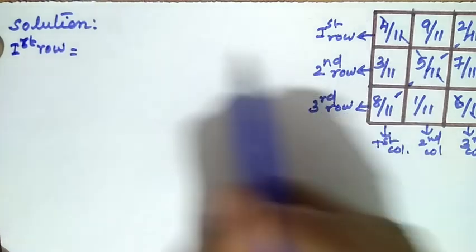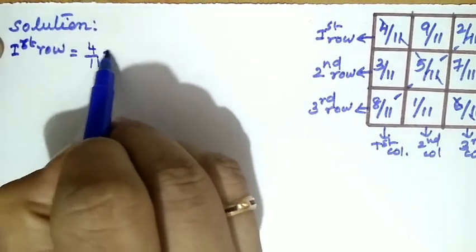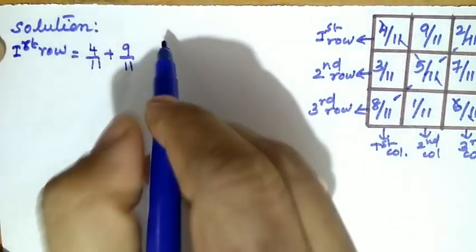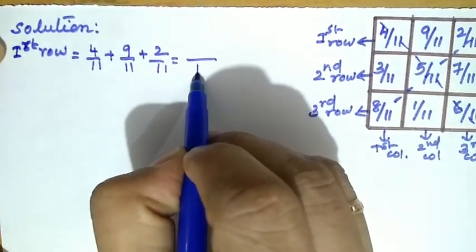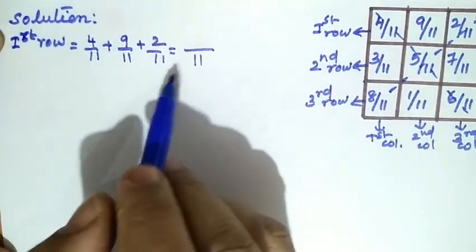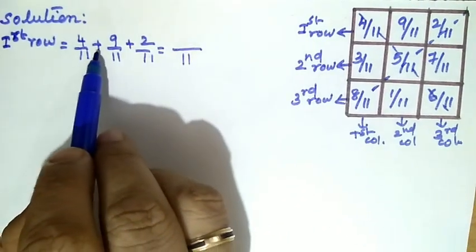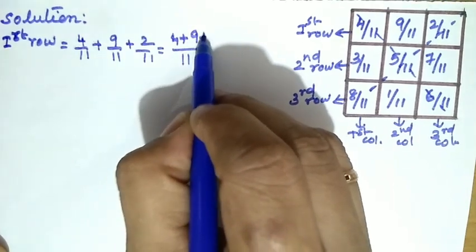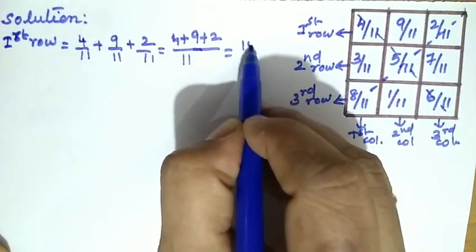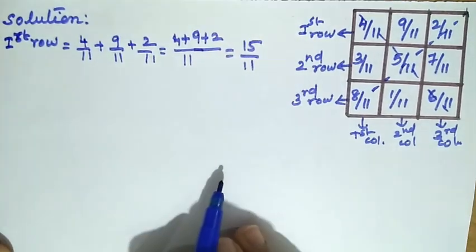What are the values given? 4 by 11 plus 9 by 11 plus 2 by 11. The denominators are the same, so LCM is not required. Directly we can just add the numerators. 4 plus 9 plus 2 equals 15 by 11. Right?